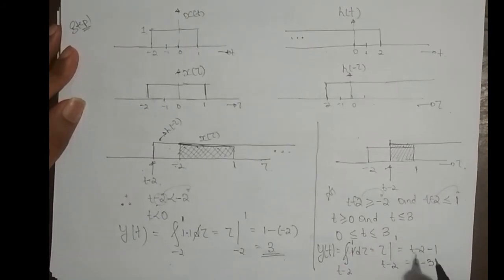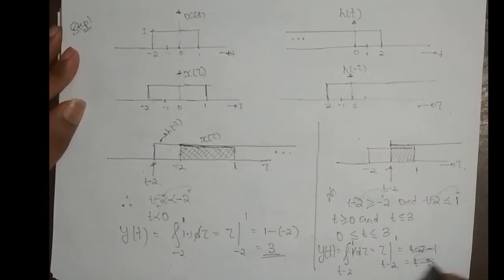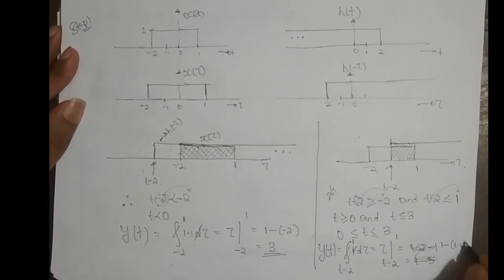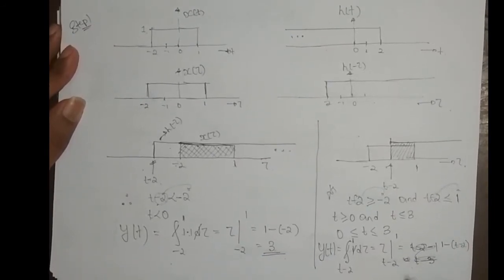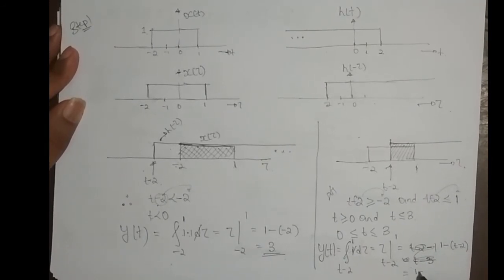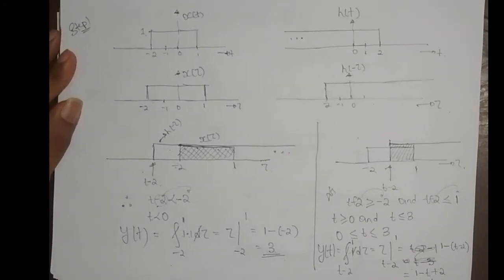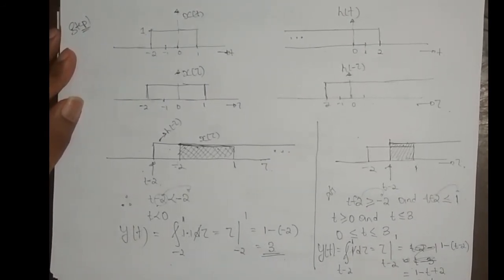Upper limit minus lower limit, so this is 1 minus of t minus 2. So this is equal to 1 minus t plus 2, which is nothing but 3 minus t. So this is the output for t varying from 0 to 3.